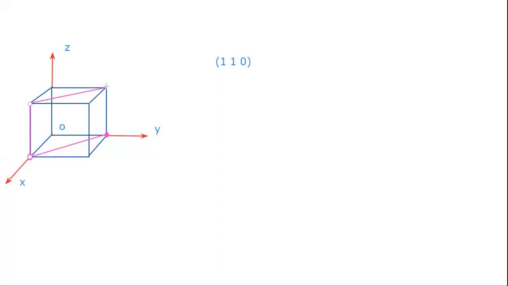So this entire one is the 1 1 0 plane, and then indicate it with hatch lines. Draw this with this color.